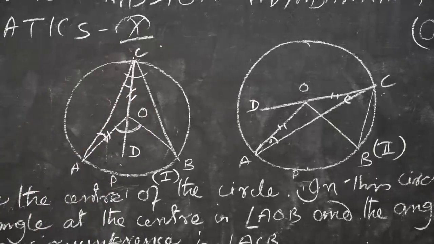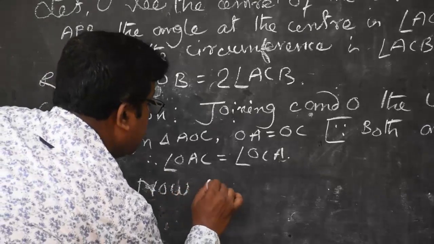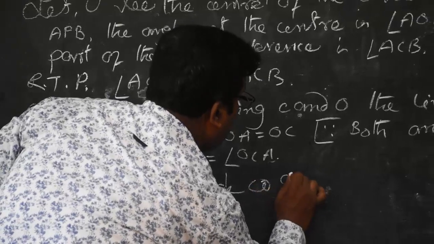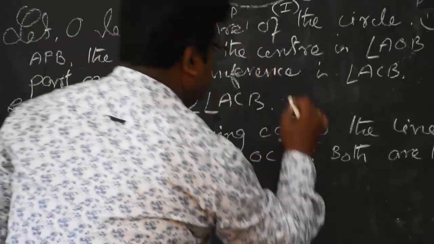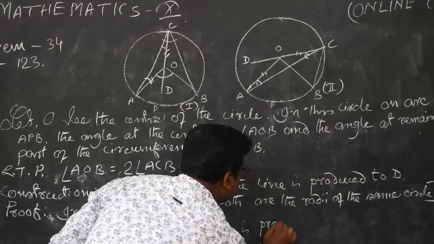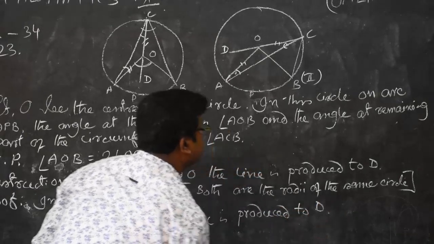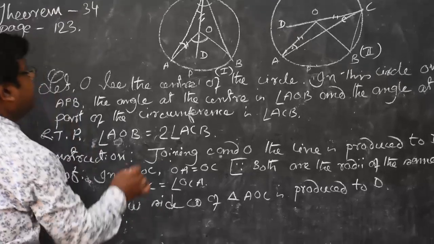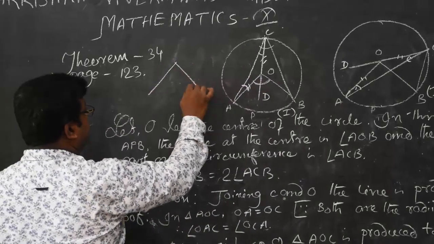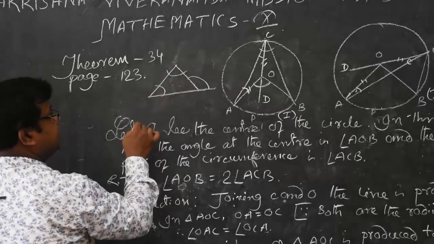Now we have to write: side CO of triangle AOC is produced to D. Therefore, for the exterior angle AOD, you know one theorem: if any side of a triangle is produced, then the exterior angle so formed is equal to the sum of the interior opposite angles.